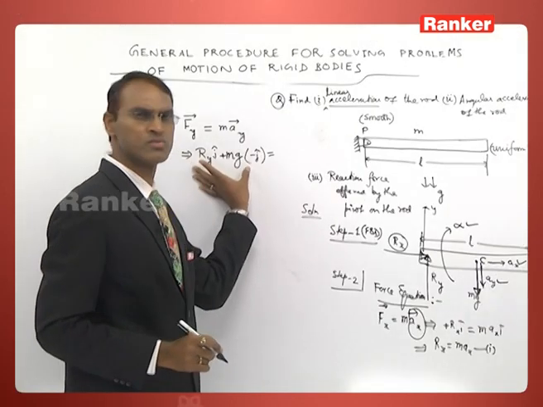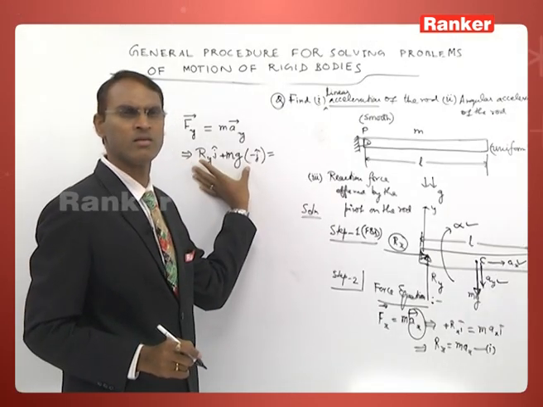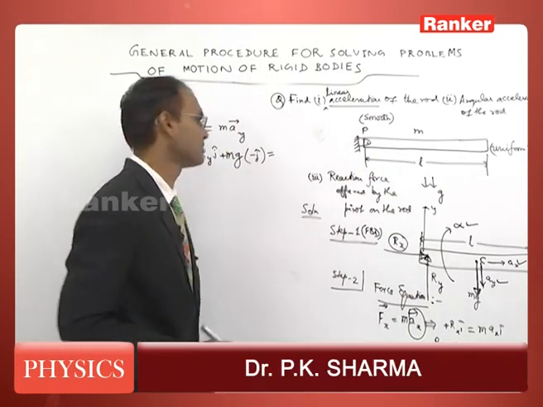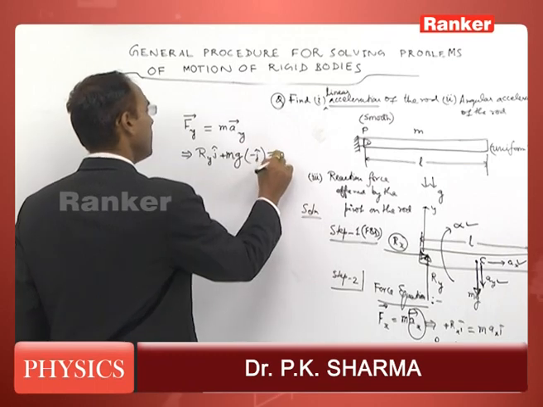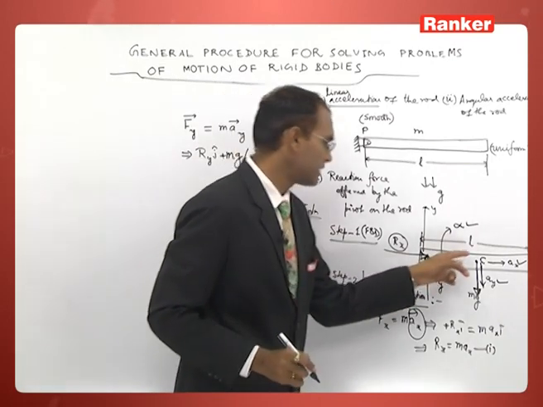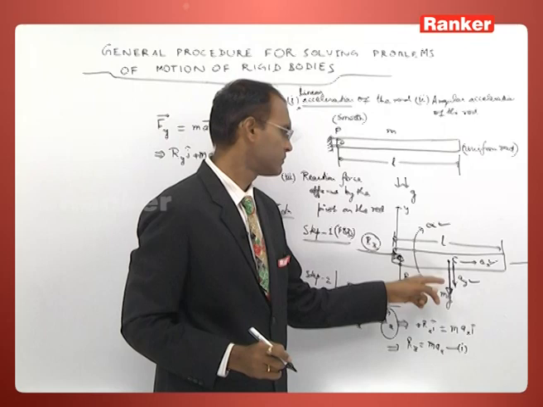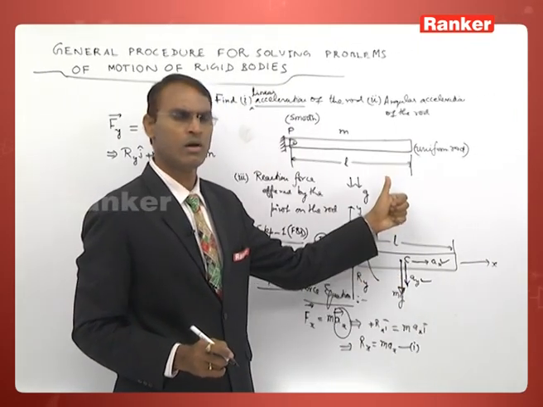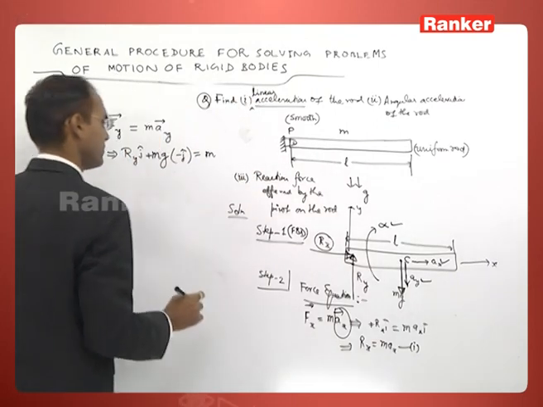This is the net force acting on the rod along vertical direction, is equal to mass of the rod, its acceleration I have chosen downward. You can also choose upward direction.